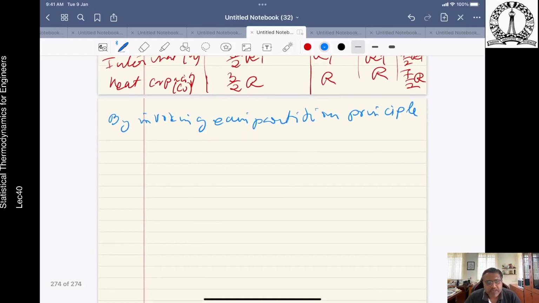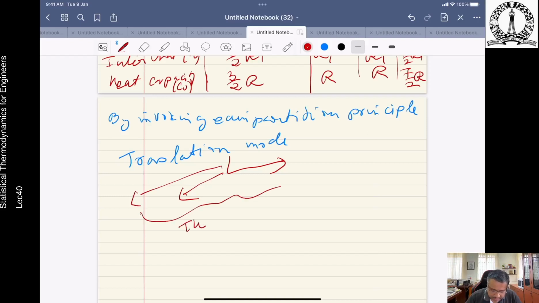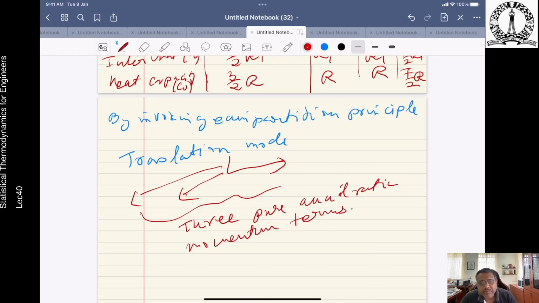The translational mode is characterized by altogether three pure quadratic momentum terms, one for each translational degree of freedom.